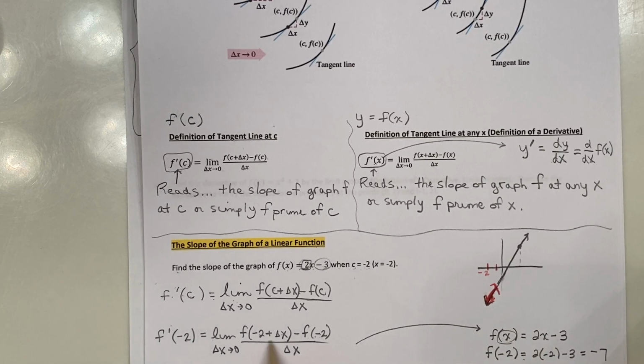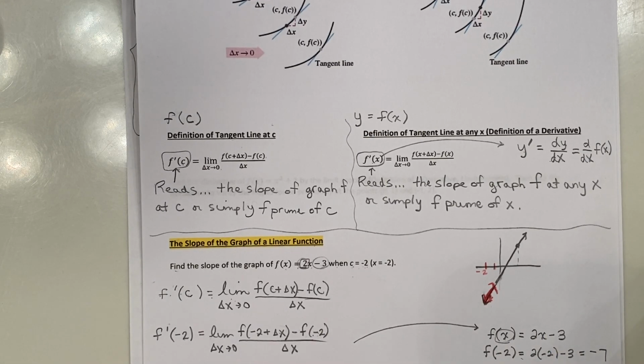Replace this x with the input x value. So also do the same thing for this x. That would be -2 plus delta x. Close parentheses, and then don't forget the -3. So all of this was our x originally.